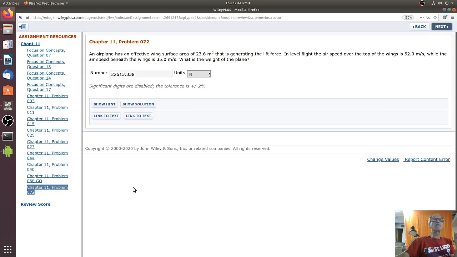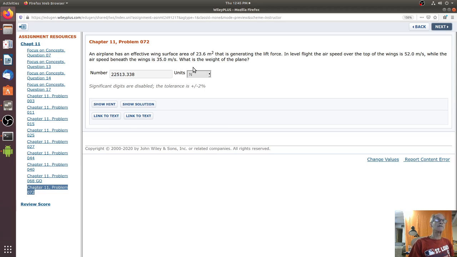An airplane wing has an effective surface area that is generating a lift force. In level flight, the airspeed over the top of the wings is 52 meters per second, while the speed below the wings is 35 meters per second. What's the weight of the plane? Okay, I'm not going to work this out in detail. I'm just going to look at the equations that we're going to use for this problem.